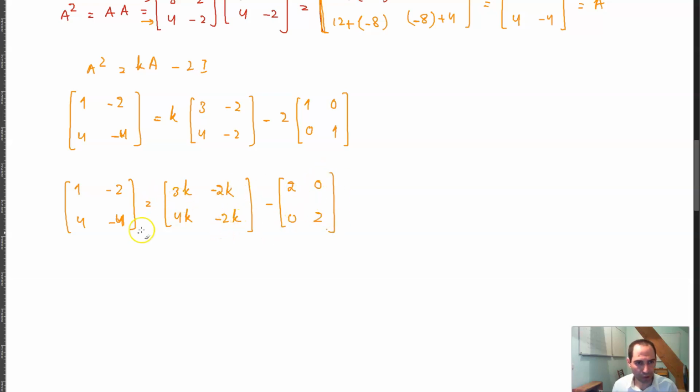And then if I subtract, I will get 1, negative 2, 4, negative 4.